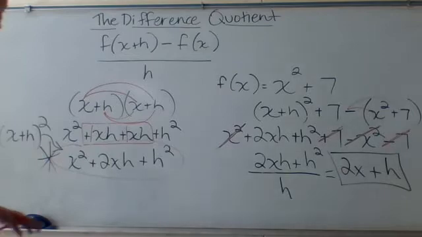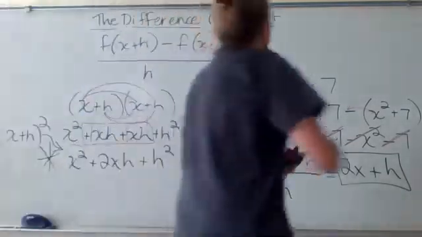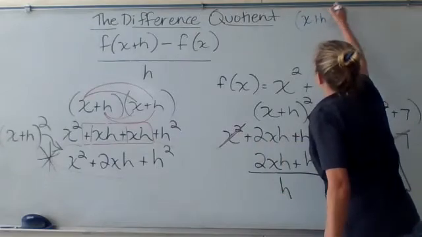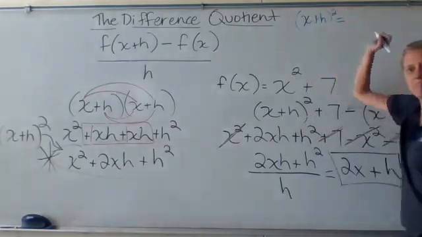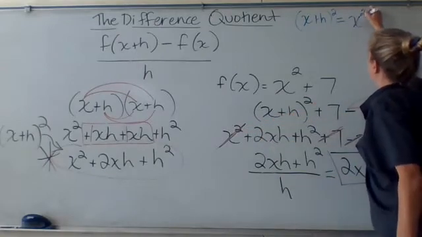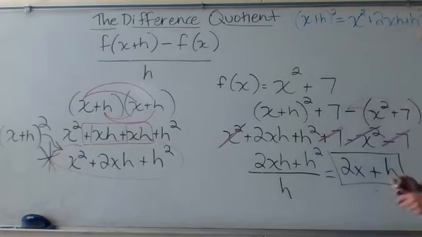So what I'm going to do is write x plus h squared up here. And every time I see that, I'm going to replace it with x squared plus 2xh plus h squared.